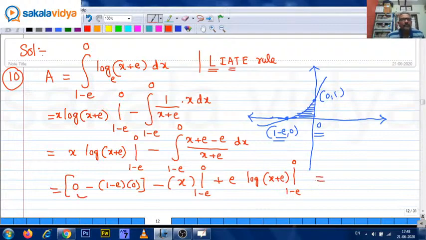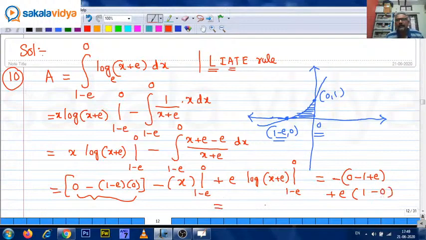So now this becomes 0, leave it. This is minus of 0 minus 1 plus e, and plus e into first log e. Log e is 1, and next, minus, you will get 1 plus e minus e, and log 1 is 0.